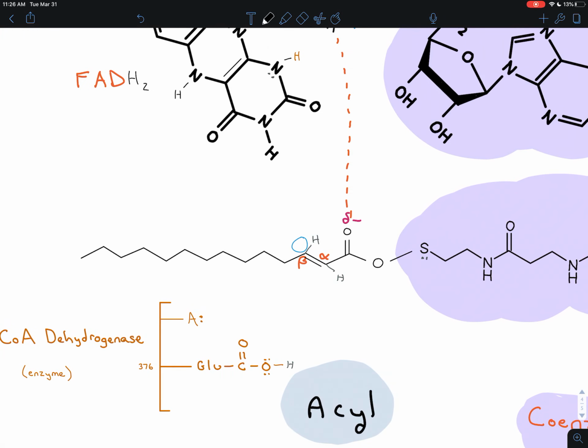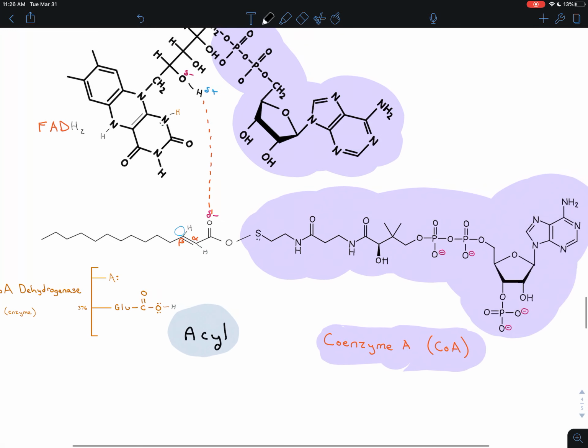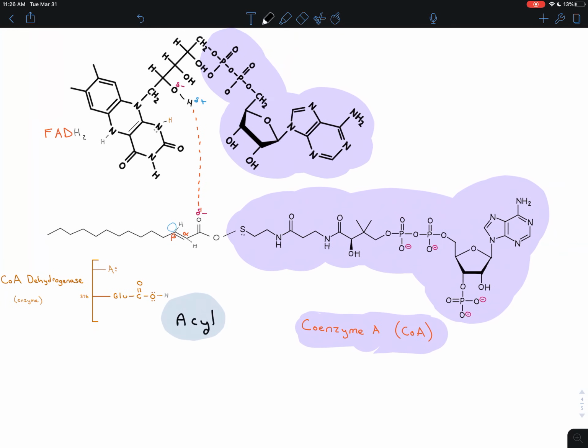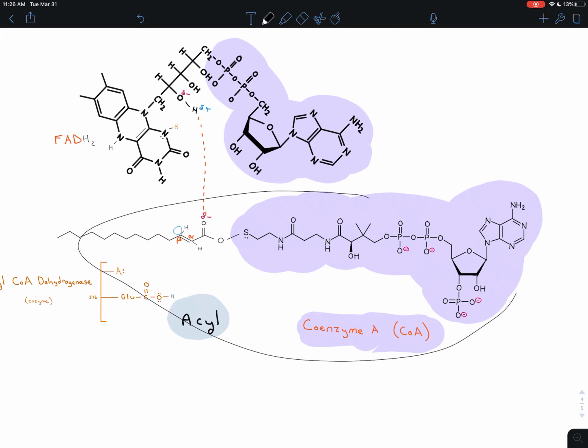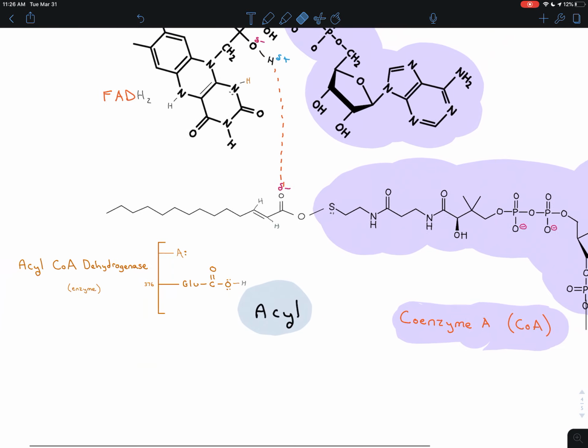So you have that alpha beta unsaturated, because there are not as many hydrogens here as there could theoretically be, so it's unsaturated. That alpha beta unsaturated acyl-CoA. And I'll erase that alpha and beta, positive charge, so it cleans that up a little bit.